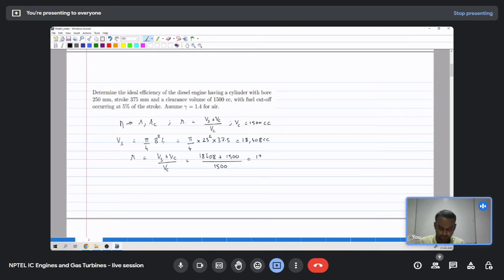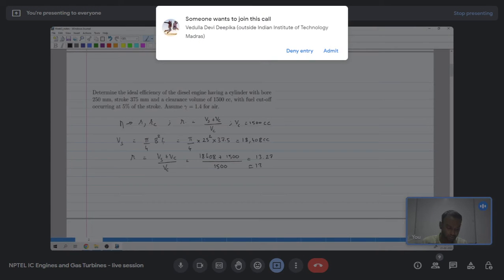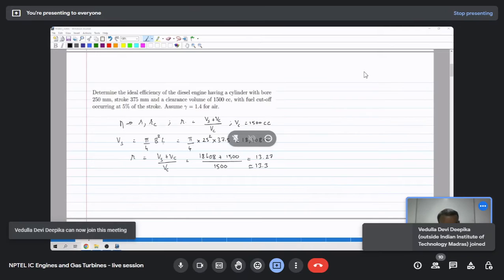So we have 13.27 or 13.3. So we have computed the compression ratio.